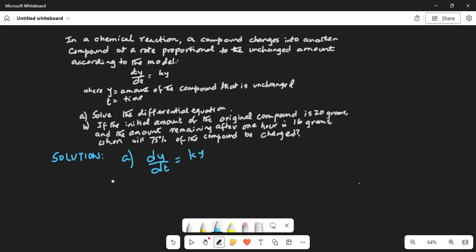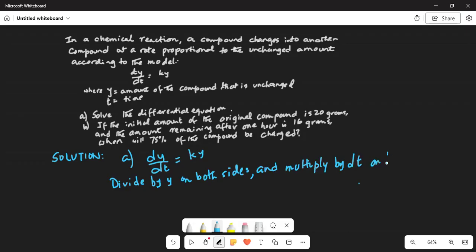So we divide by y on both sides, and multiply by dt on both sides of the equal to sign.